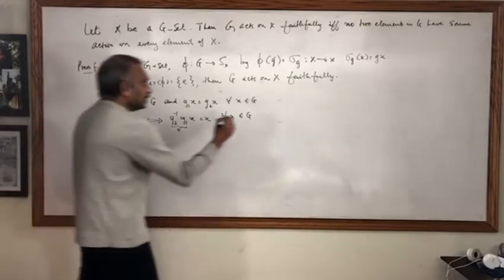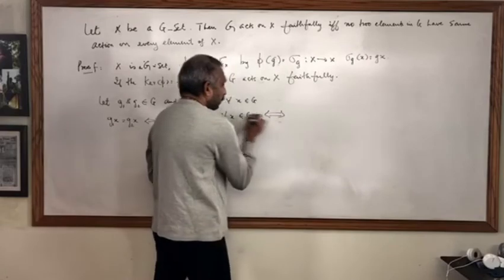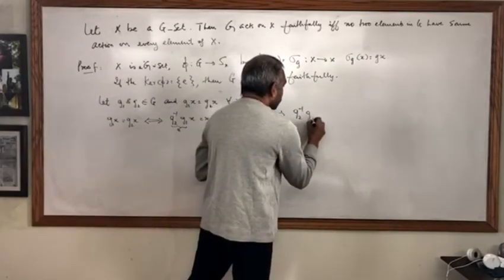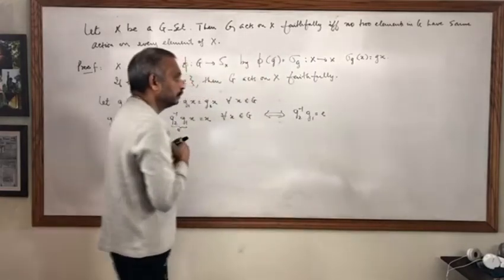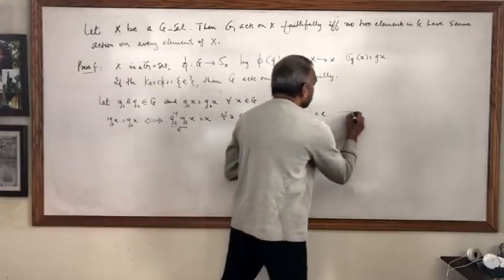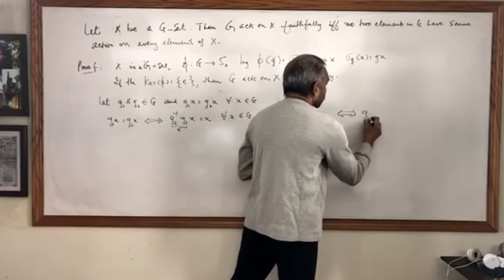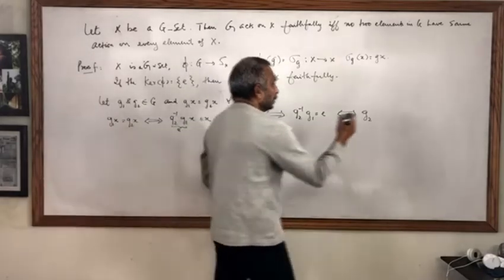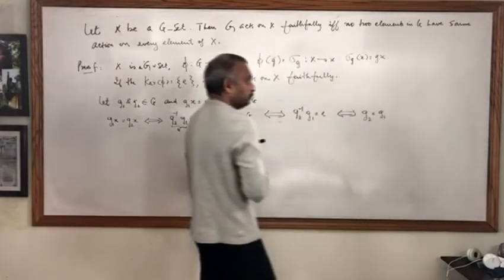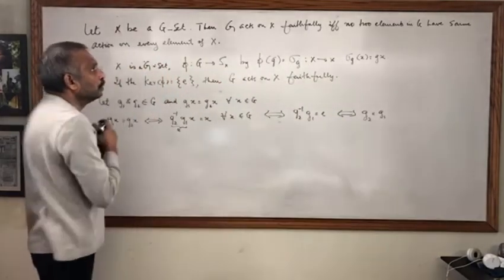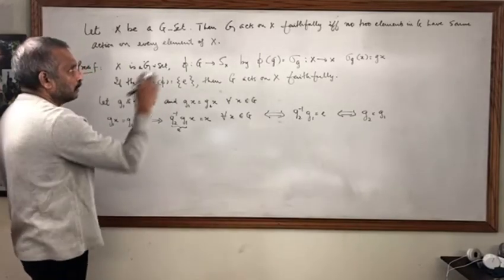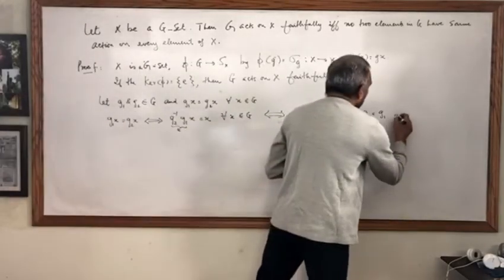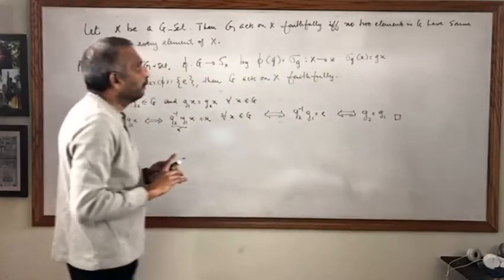So this holds if and only if g2 inverse g1 equal to e, and that's possible only if g1 equal to g2. So there are not two distinct elements if it is faithful. And that is the end of the proof.